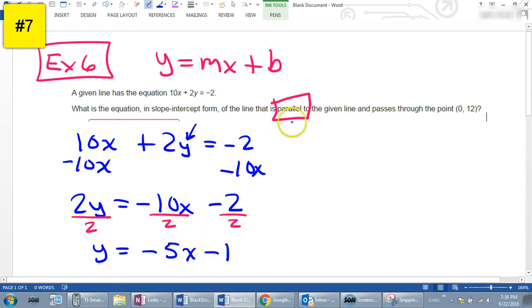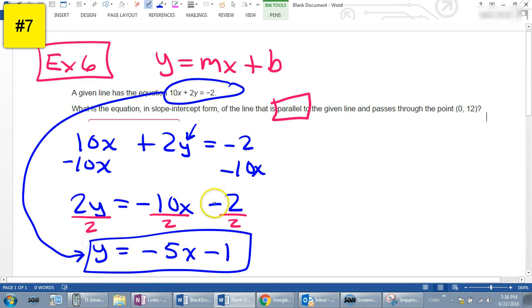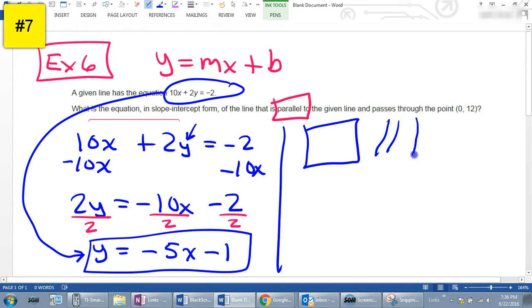Okay, so I haven't answered the question yet. I've just rewritten the original equation. So this is still the original equation. Okay. Now, I only care about one thing from this, though. All I care about is the slope, because then I'm going to talk about a parallel line. All right, what is the slope of this equation, the original equation? 1.